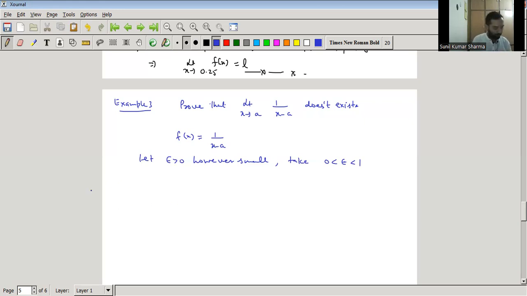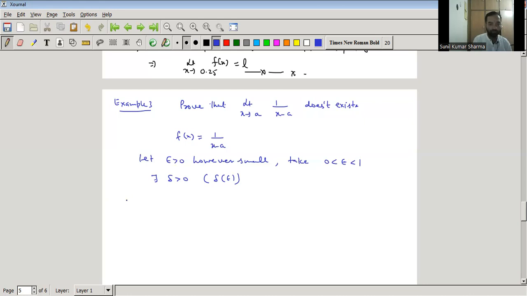So according to this epsilon, we find that there exists a positive real number delta. This delta depends upon epsilon.